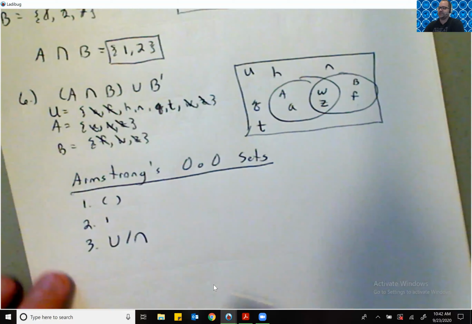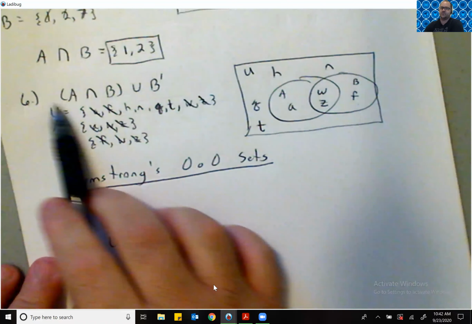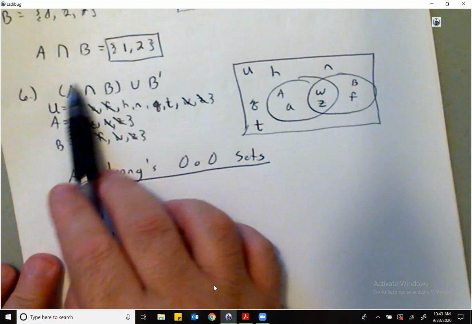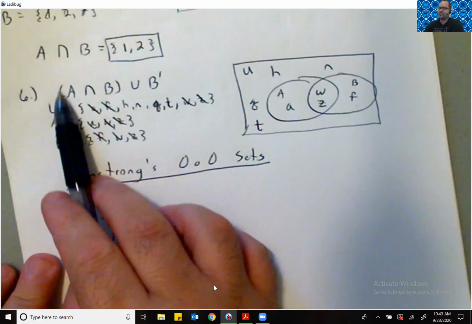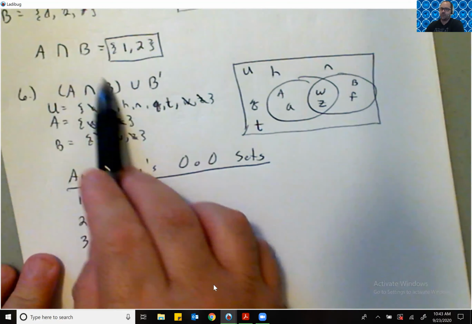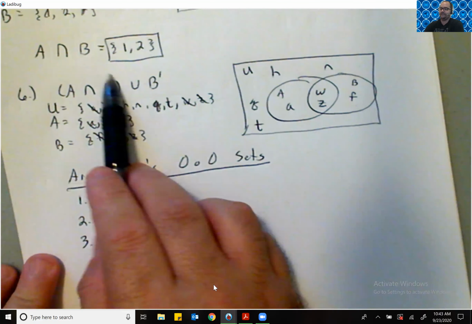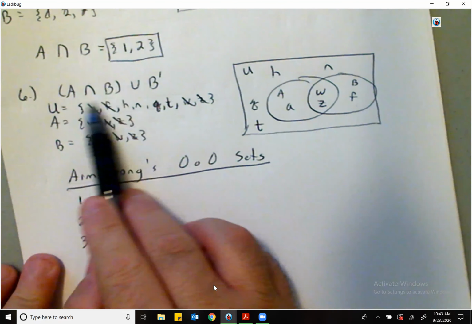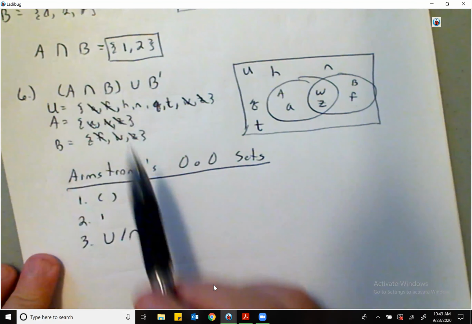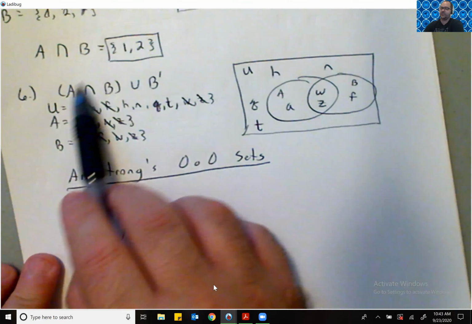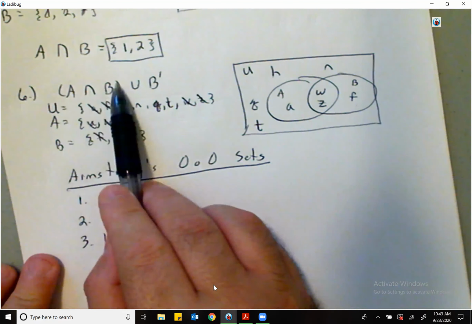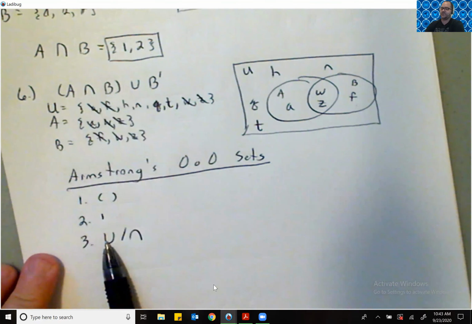So, do I have parentheses up here? Yes. So then we're going to work inside our parentheses first. Inside the parenthesis, do I have any complements? No. So then that means we're going to deal with the union and intersection.